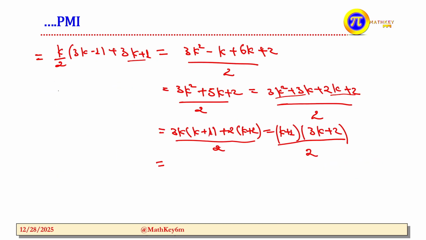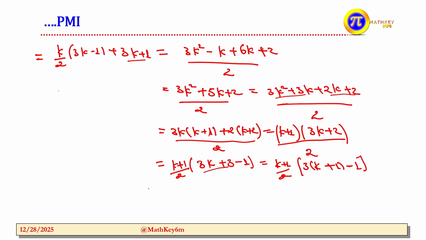Now we rearrange it to come to the required form. This equals k plus 1 over 2 times 3k plus 3 minus 1, since 3 minus 1 is 2. Taking 3 common, we have 3 into k plus 1 minus 1.